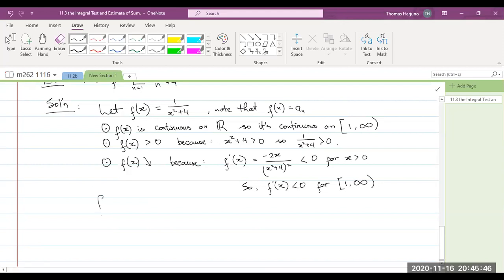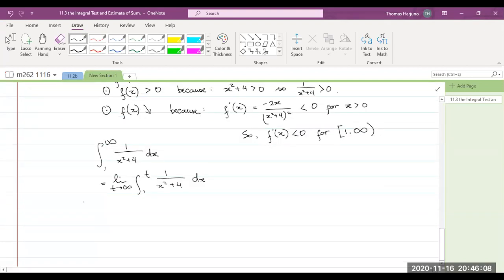Now perform the integral test. Integral from 1 to infinity of 1 over x squared plus 4 dx equals the limit as t goes to infinity of the integral from 1 to t of 1 over x squared plus 4 dx. Do you remember the integral for this? 1/2 tangent inverse of x over 2 from 1 to t.